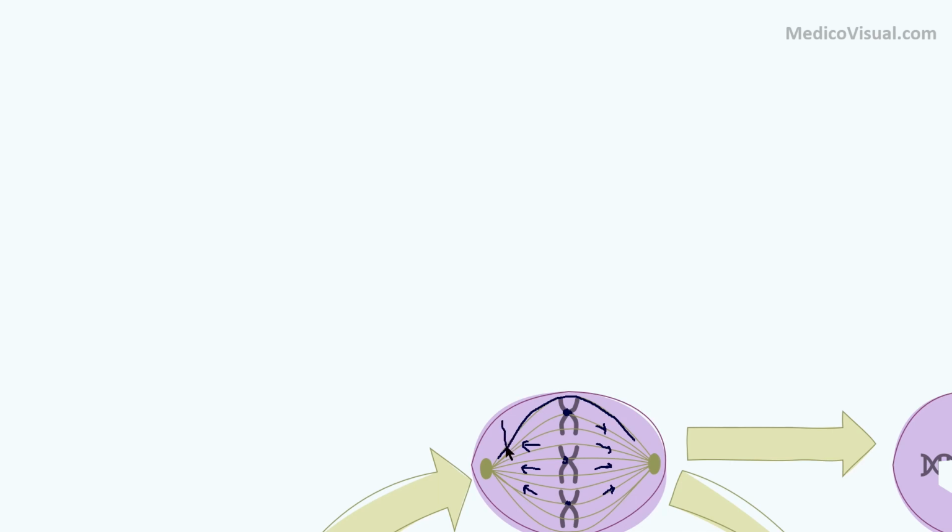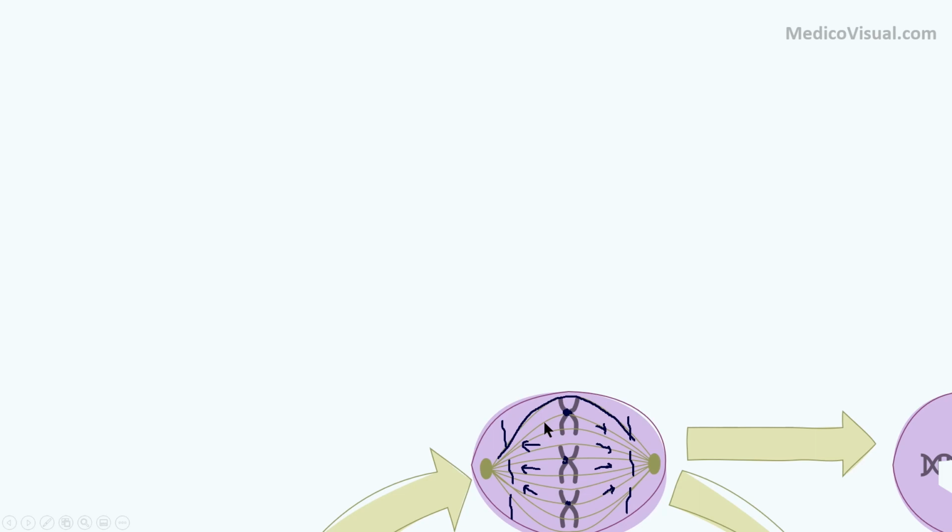So one chromatid will come to here and the other chromatid will come to here. So in this way DNA will be divided into two parts. One will go to one daughter cell and the other one will go to the other daughter cell. So that's what happens in mitosis.